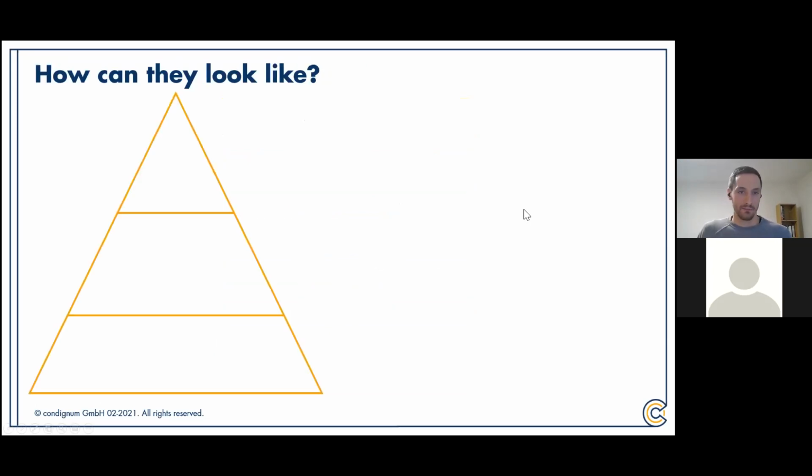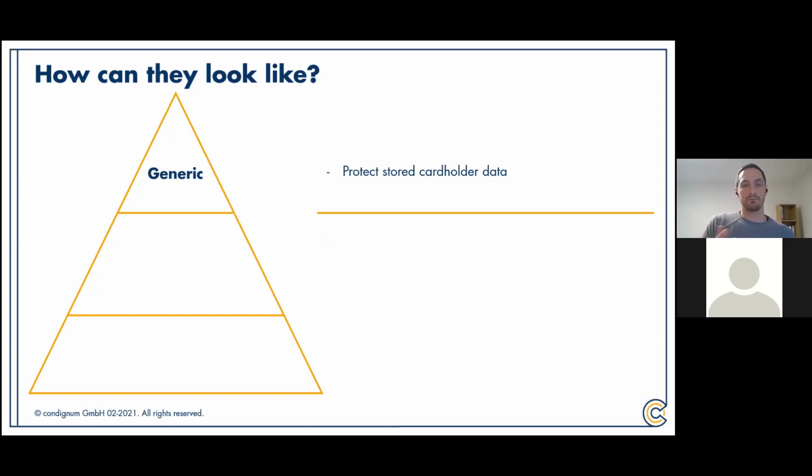If we define our security requirements, we can do this on different levels of detail and abstraction. So on the very top, we can have generic requirements. As we already saw from the PCI DSS example before, they can be, for example, protect stored cardholder data. It's really generic, and as we said, pretty hard to deal with.